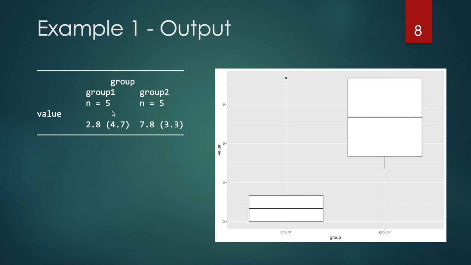So the descriptives show us group 1 has 5, group 2 has 5, no surprise there. The value, which is our outcome, our depression level, group 1 has 2.8, group 2 has 7.8, and then here are our standard errors. We also can see the box plot here. Now note the box plots look kind of funny, but that's because we have a pretty small sample.